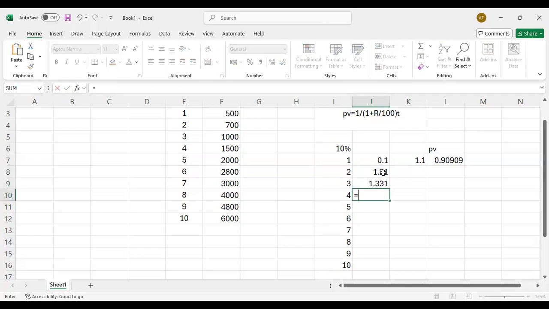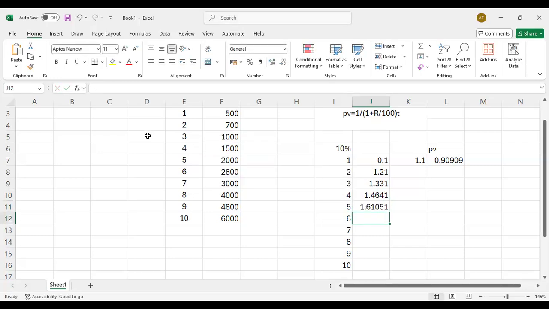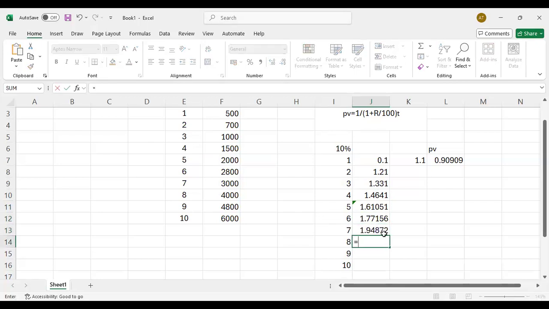For fourth year, and so on for fifth year, sixth year, seventh, eighth, ninth, and 10th year, it is 1.1 multiplied that many times.